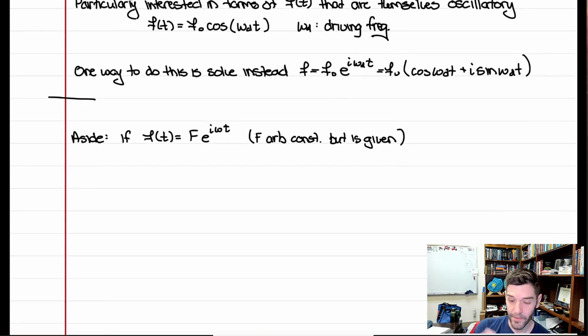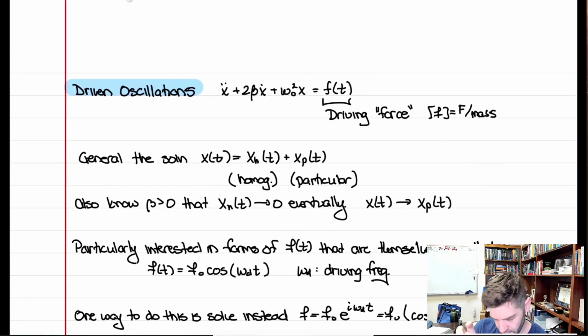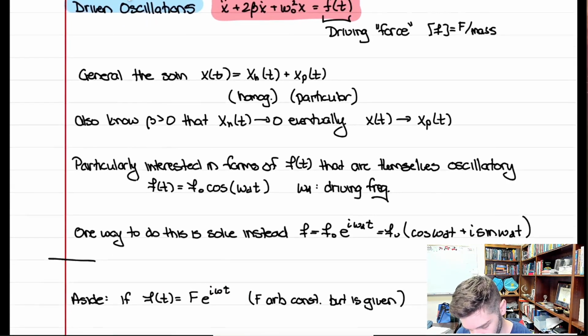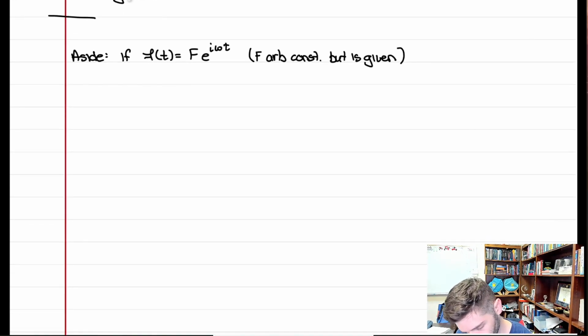And I want to guess a particular solution such that when I plug it into that equation at the top, here I'll even highlight it, ultimately I'm trying to solve this, I get F times e to the i omega t on the right-hand side. So I might assume that if I want to get an exponential at the end of the day, my particular solution is itself also an exponential.